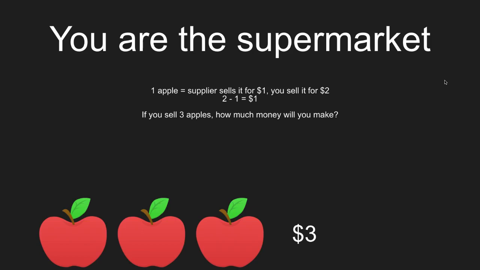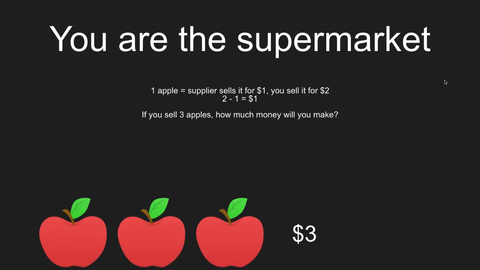Because if you are the supermarket, okay, there is an apple and your supplier will sell it to you for $1 and you will sell it for $2, okay? So 2 minus 1, you made $1 per each apple that you have sold. So if you sell 3 apples, how much money will you make? And then you would say $3.